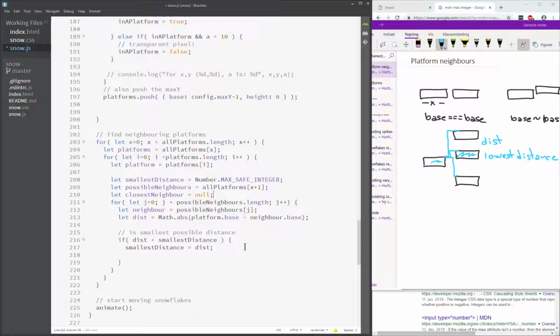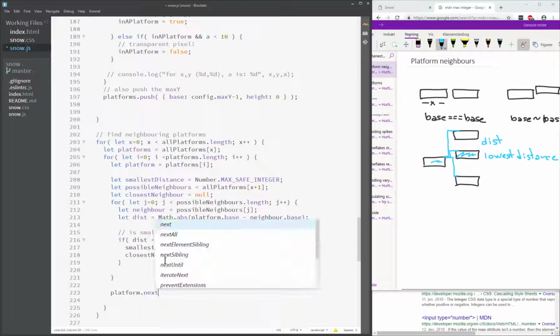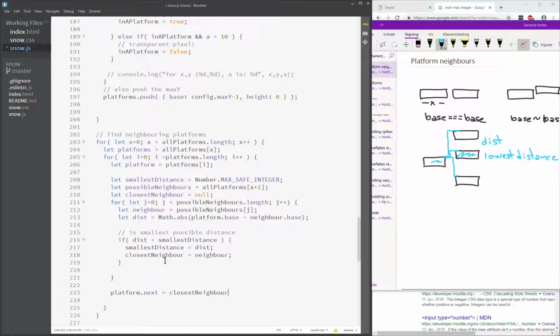First it's null, and then the closest neighbor would be this neighbor. And that should go through all of them. And we have the closest neighbor, which is the neighbor. So let's just say that this platform has a neighbor. I'm calling it next because it's the next neighbor. And that would be the closest neighbor. Let's just go and take a look at how this turns out.